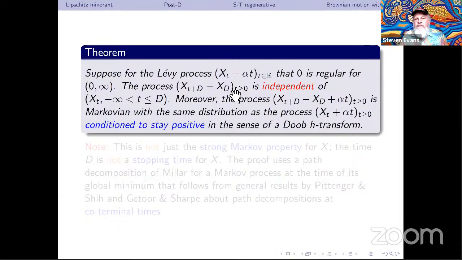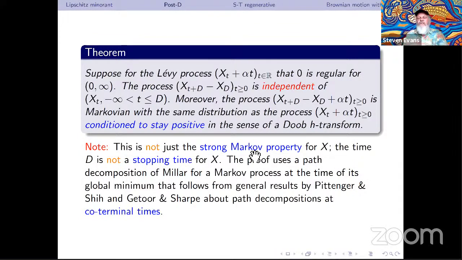Okay, and the random time D, oh, I've got it down here. This is certainly not an instance of the strong Markov property for X, right? Because this random time D involves looking into the future, because it involves the future minima of the stochastic process X, or the stochastic process X with a drift attached to it.